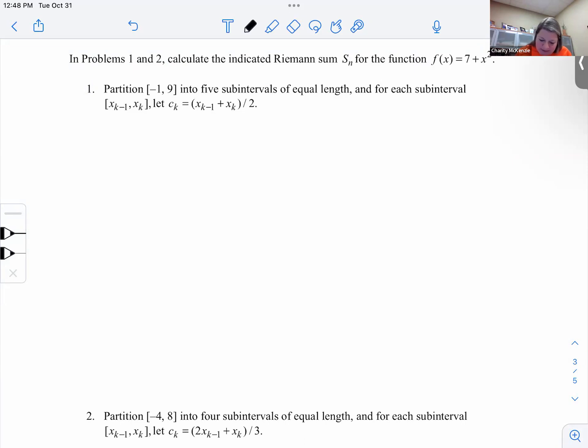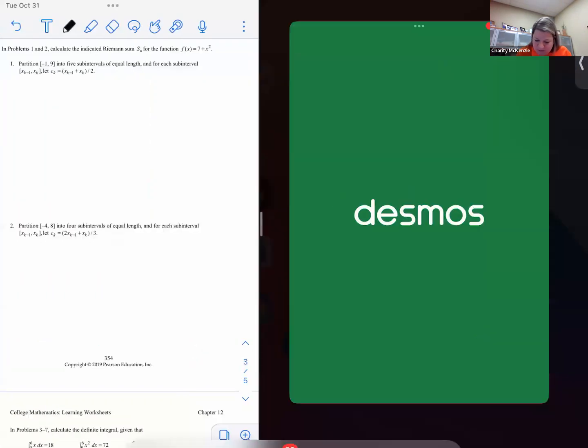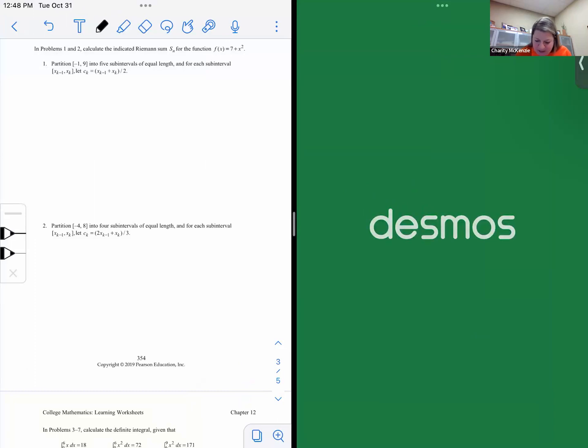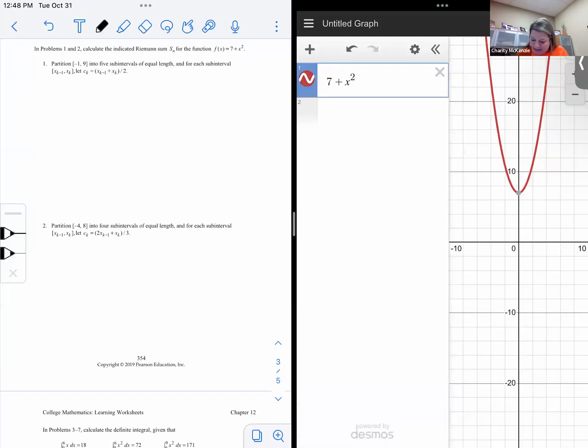I'm going to bounce into Desmos just to show you what that graph looks like. And we are graphing 7 plus x squared. So there's what our graph looks like. That's going to be at 0, 7.